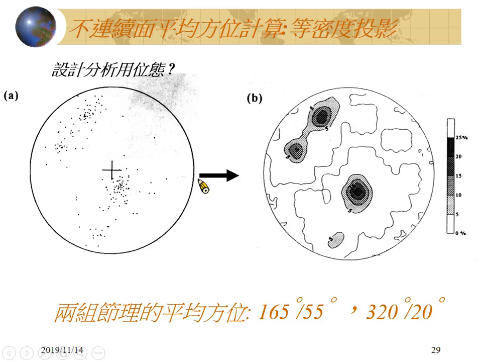That will be the idea of the contours of the density. If you have a higher density, it means you have more poles falling into this range. How to do this?